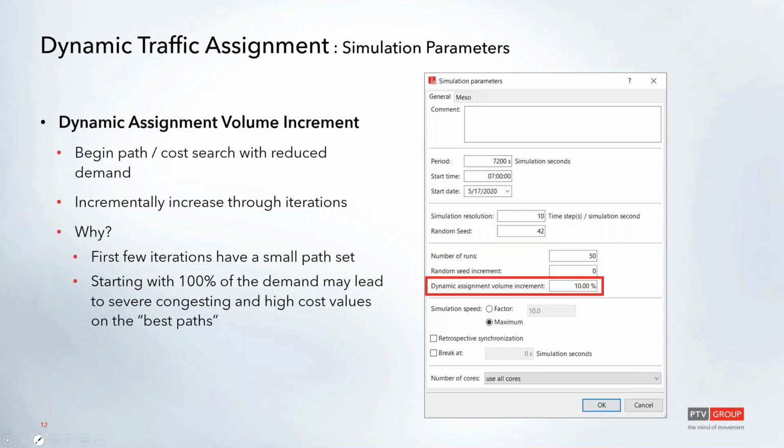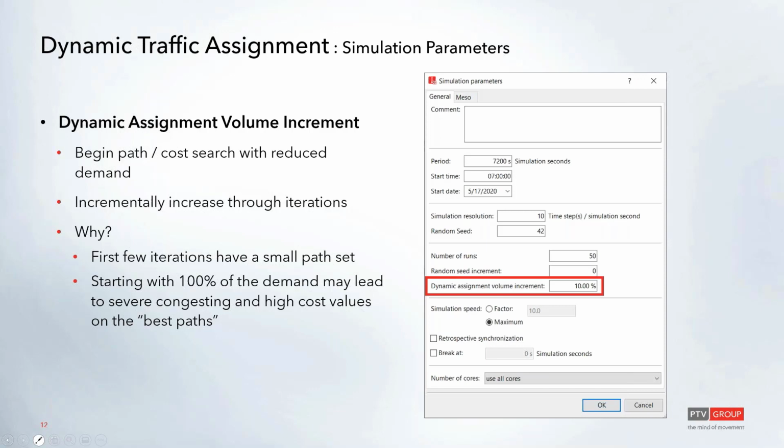And then lastly, we'll take a look at the dynamic assignment volume increment parameter. What this will essentially do is allow us to begin our path and cost search process with a reduced demand and then increase this throughout the iterations.